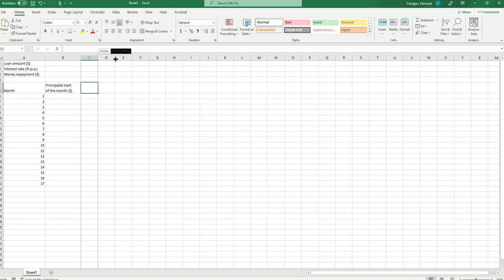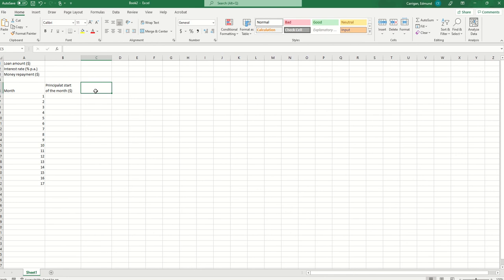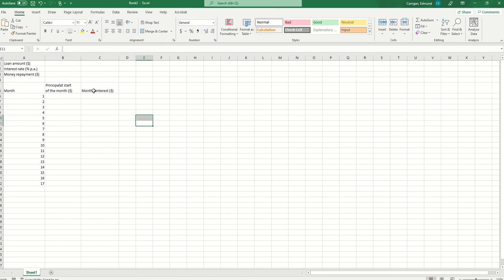Next one is monthly interest. Tidy that up. And we've got monthly repayments, that's in 2 lines as well, so I'm going to use my Alt enter.